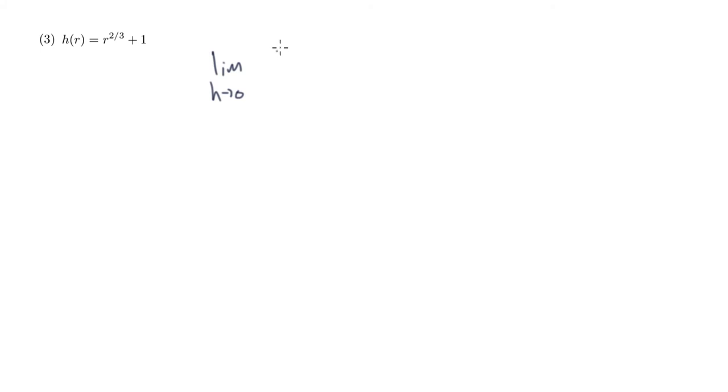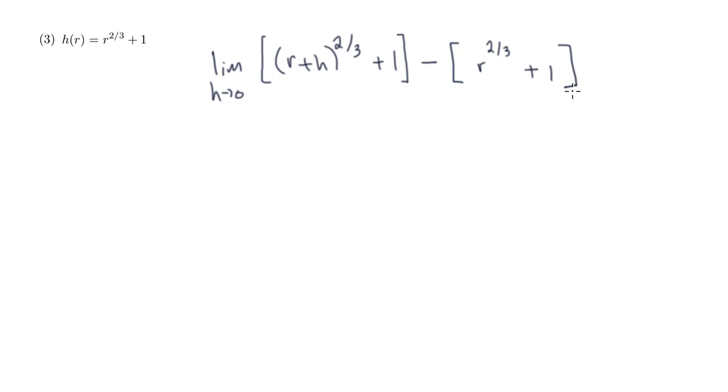In this case we have (r plus h) to the 2/3 plus 1, minus, this is h of r plus h, and then this is going to be just r to the 2/3 plus 1, all over h.